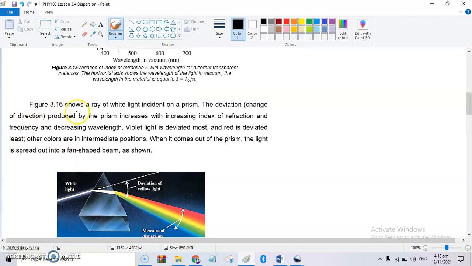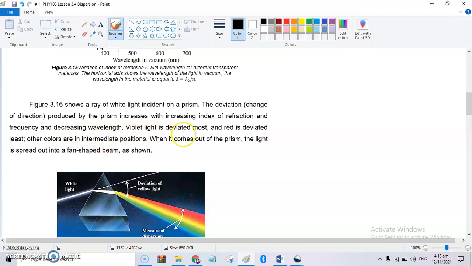Figure 3.16 shows a ray of white light incident on a prism. The deviation, or change of direction, produced by the prism increases with increasing index of refraction and frequency and decreasing wavelength.